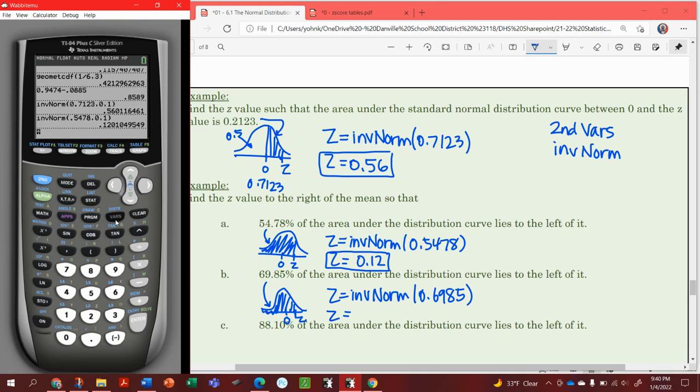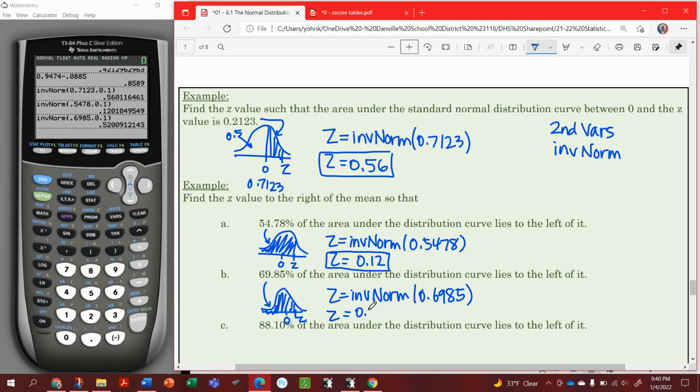So second vars, inverse norm, 0.6985. That's going to give me a z-score of 0.52, which makes sense because that's bigger than 0, and I have a bigger than 50% graph.